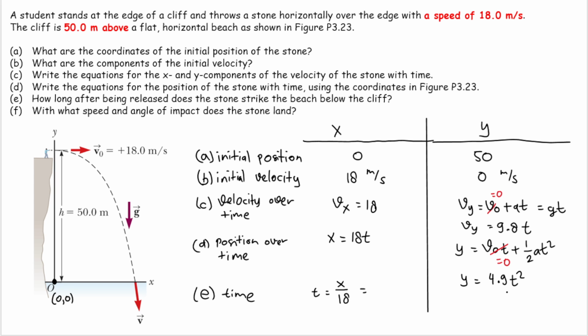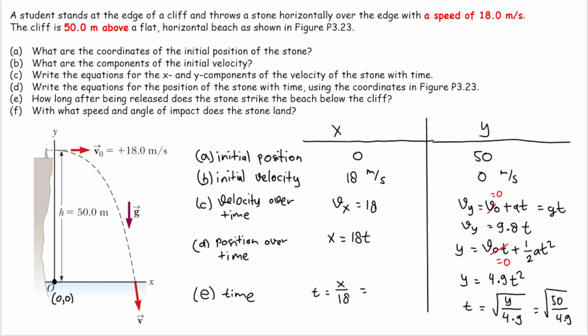But we can also calculate the time from y, which is equal to 4.9 t squared. So t is equal to the square root of y divided by 4.9. We know the y here, which is 50. So we will have the square root of 50 divided by 4.9.